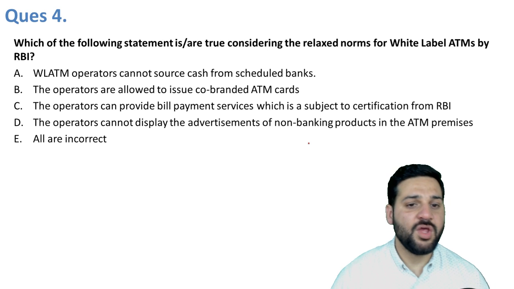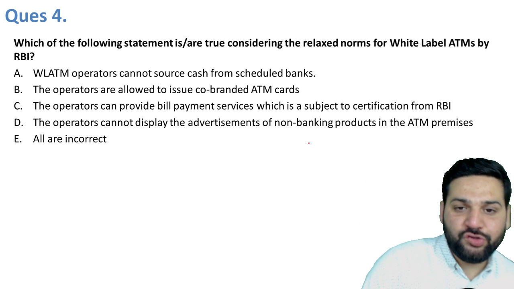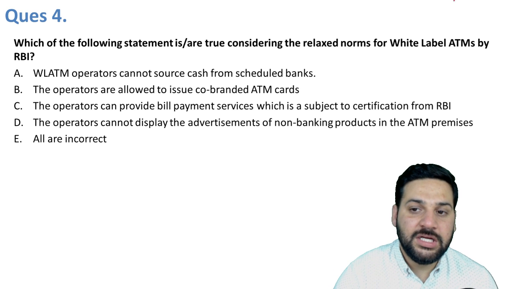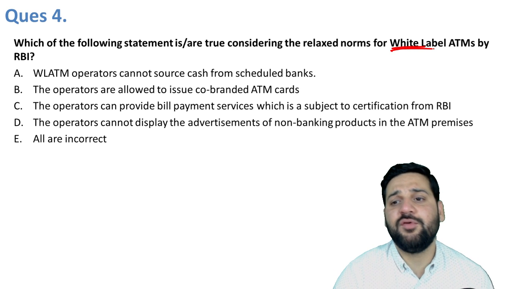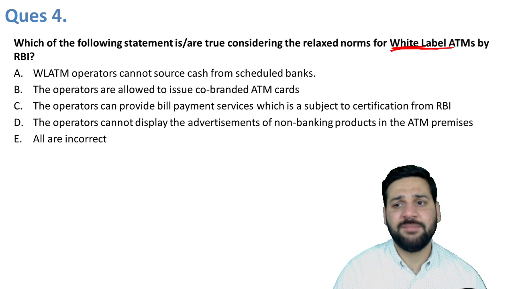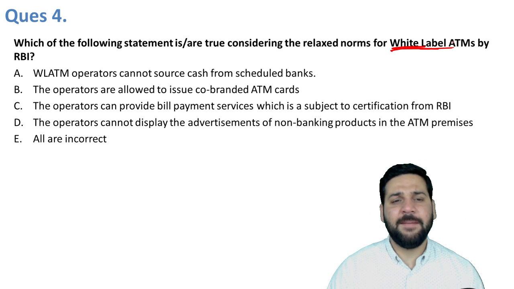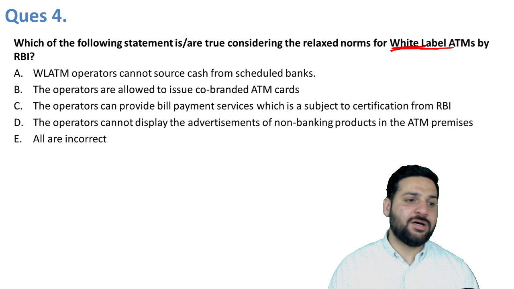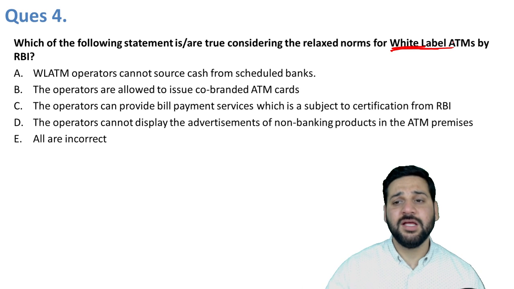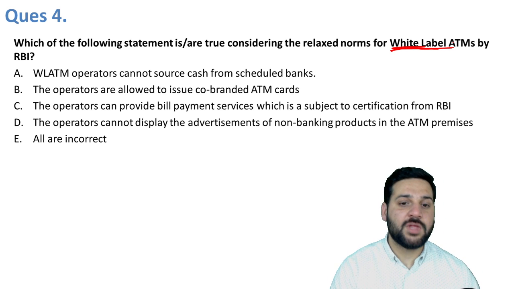Which of the following statements is true considering the relaxed norms for white label ATMs? See students, I hope, if you are watching my lectures closely, you are aware that white label ATMs are not actually banks. These are independent organizations which are running the ATMs, right?